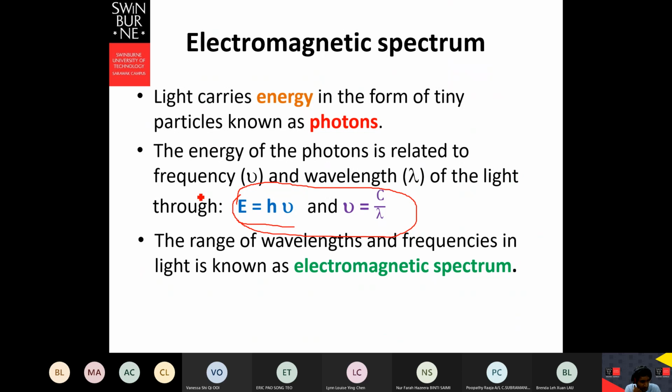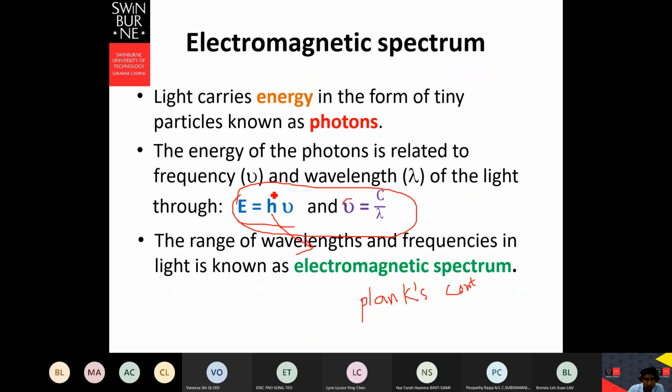This is Einstein's equation, right? E equals h nu. H is the Planck constant. Planck's constant, Max Planck, the guy who also helped to develop quantum mechanics.